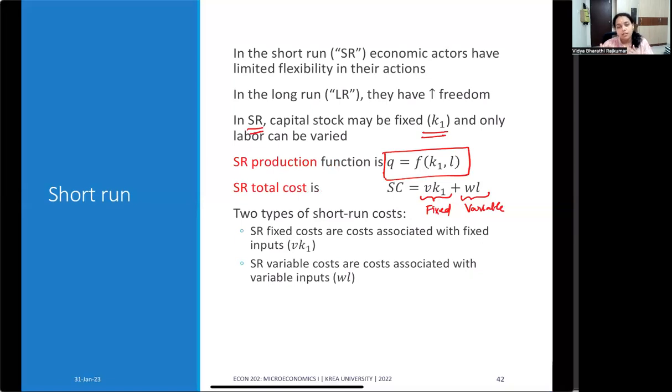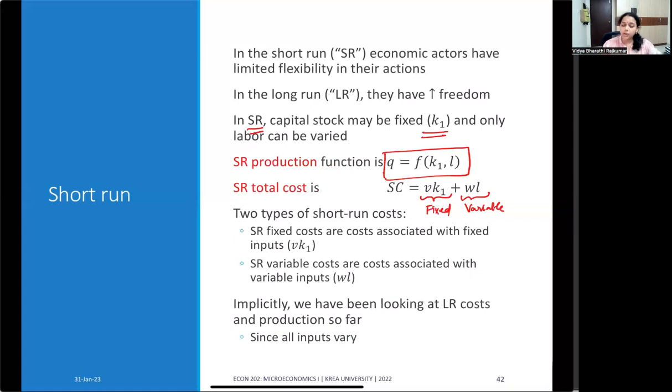And whatever cost is associated with the input that is variable is called the variable cost. So far we've actually been talking about a world where everything is variable, where we've been talking about the long run scenario. Now we're going to focus our attention on what happens in the short run and how it actually paves the way for the long run discussion.